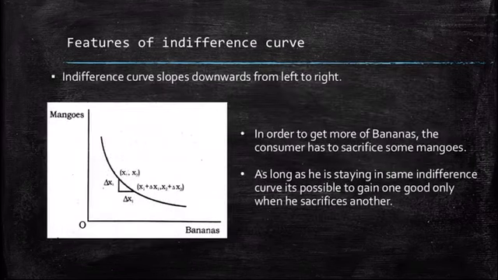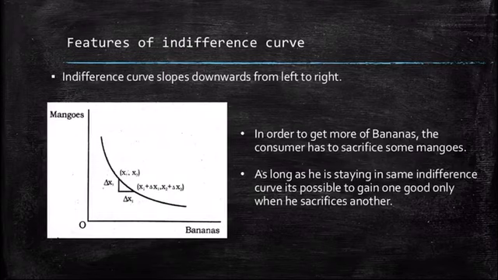Coming to the last topic of this session, that is the features of indifference curve. The features of indifference curves are as follows. An indifference curve slopes downwards from left to right. It means that in order to have more of one good, the consumer has to sacrifice another good.